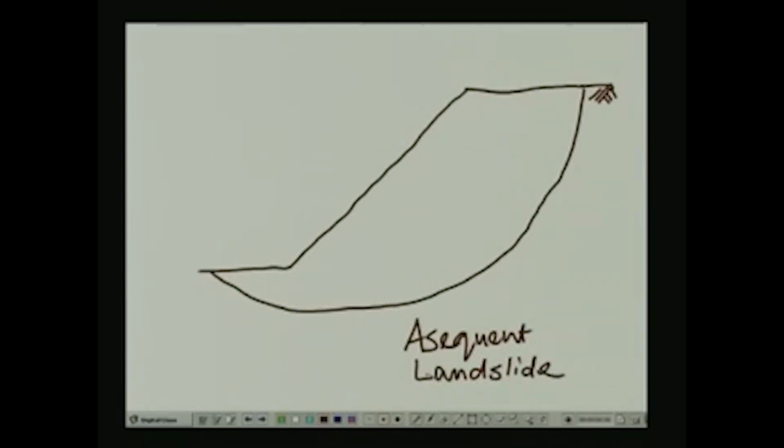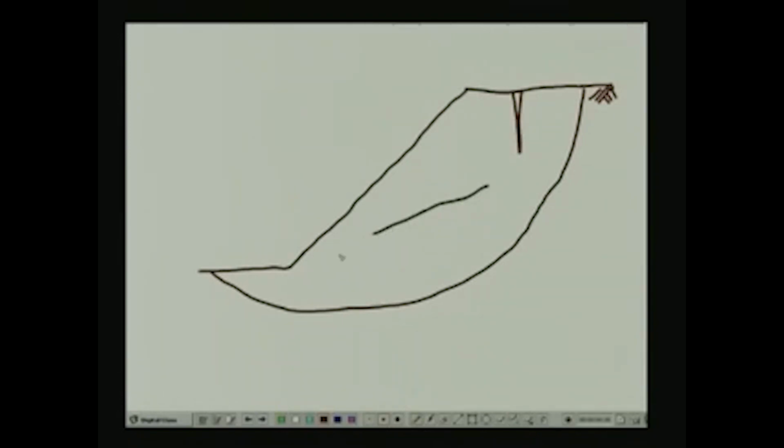An insequent landslide is one where there could be cracks in clay like this. Let us say there is a crack in clay and there is a slickensided surface like this, but still the failure is taking place not through these planes of weaknesses but across or away from these planes of weaknesses.